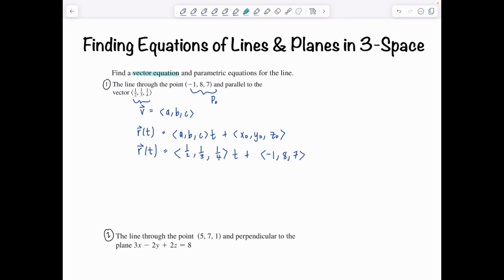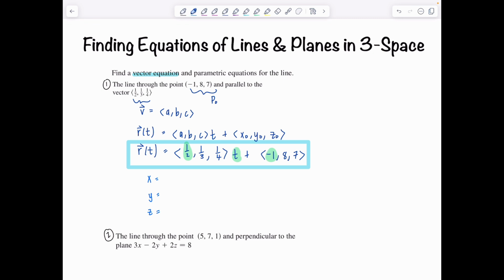Okay, that's the vector equation. But more commonly, we work with the parametric equations of a line. So from here to get the parametric equations, we're going to have one for x, one for y, and one for z. And we set the corresponding components all equal to each other in order to come up with the parametric equations. So the x component would equal 1/2 times t plus -1.